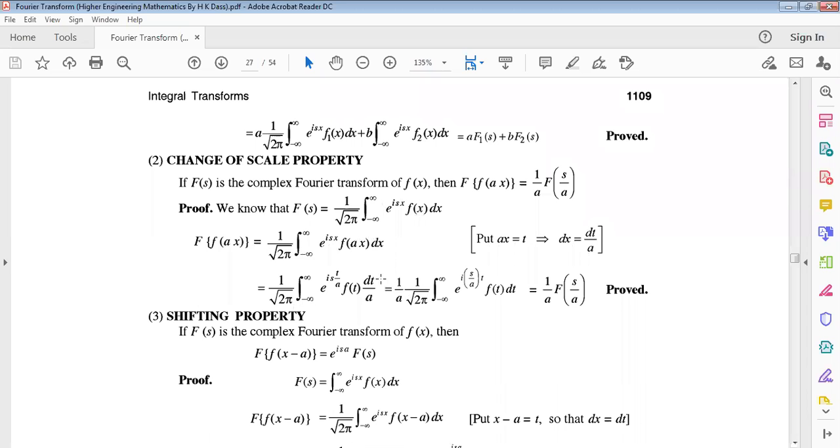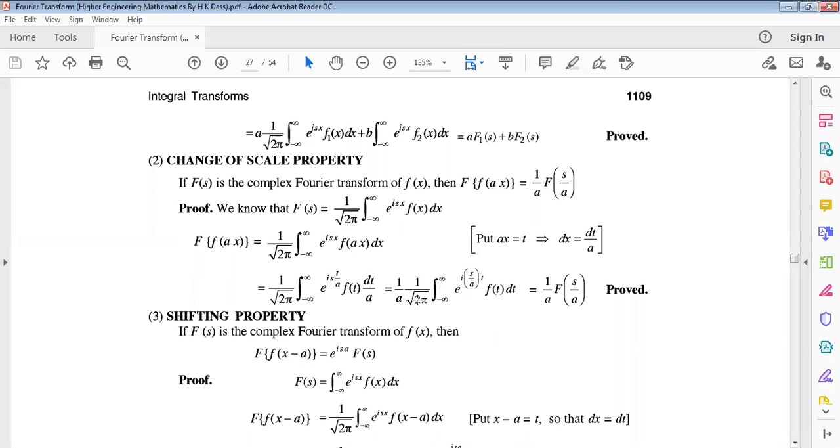Substituting into this integration, x equals t by a, and the function will be f(t) dt by a.